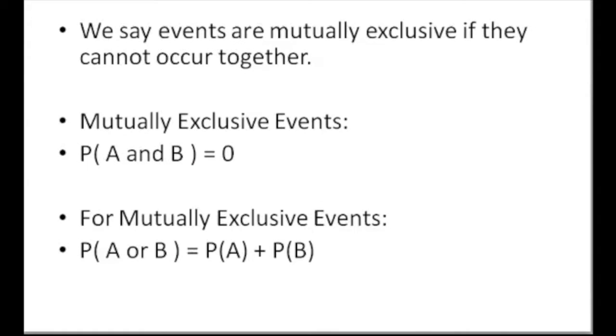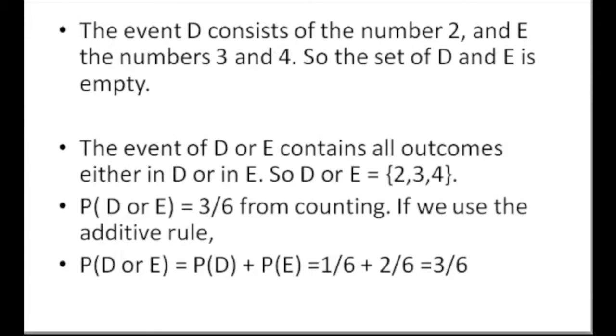For compound events, we have additive rules. We say events are mutually exclusive if they cannot occur together. Mutually exclusive events have no common outcomes, and so the probability of A and B is 0. For mutually exclusive events, probability of A or B is just the sum of the probability of A and the probability of B. Consider the two events D and E again. The event D consists of the number 2 and E is the number 3 and 4.